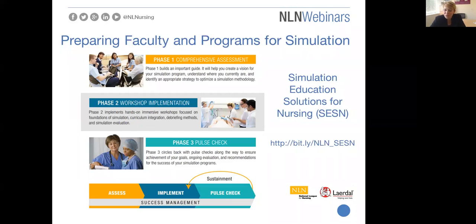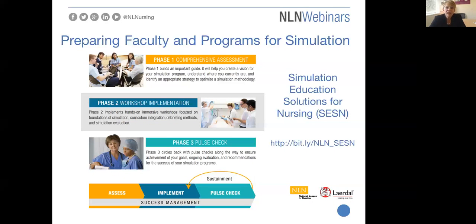There are 4 different workshops that we have. The first one provides a foundation on simulation pedagogy to prepare faculty to just understand what simulation is. So it is the broadest and most fundamental workshop that we have. The second area is on curriculum integration, and this is very hands-on, and it's really geared toward those faculty who are immersed in their curriculum and are charged with implementing a curriculum that has an intentional and strategic, thoughtful approach to the use of simulation.